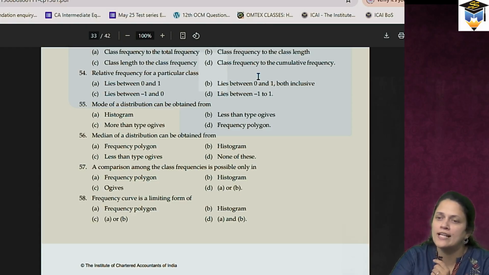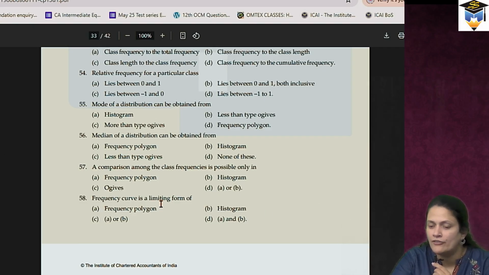Okay, the answer to 54 is option A. Palak, is it option A? Option A is the correct option. Next, mode of a distribution can be obtained from histogram. Option A. Median of a distribution can be obtained from ogive.